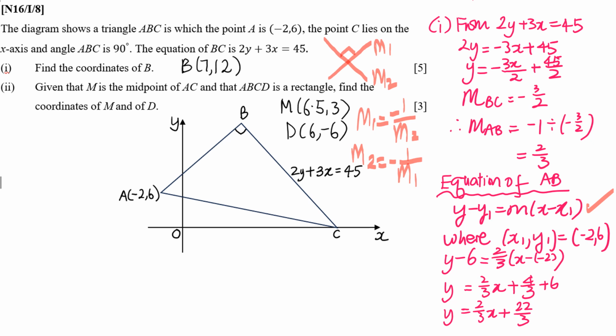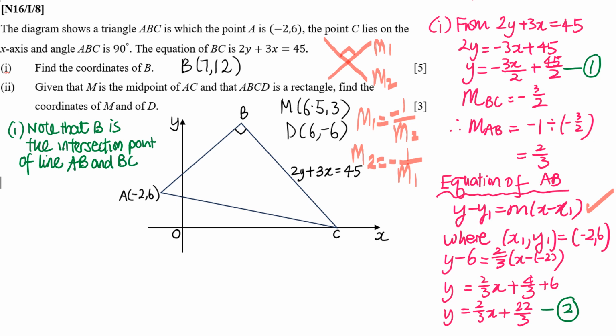So let's go back to the questions. Why is it I want to find the equations of AB? Yes, because if you look at the diagram, you will realize that B is actually the intersection point of the line AB and BC. So I'm going to let the equation of BC be 1, the equation of AB be 2.